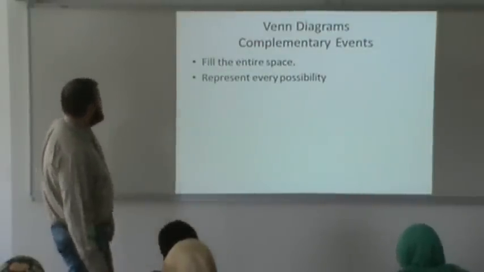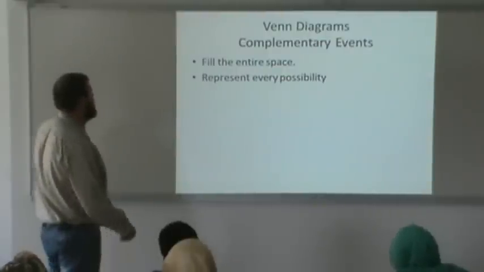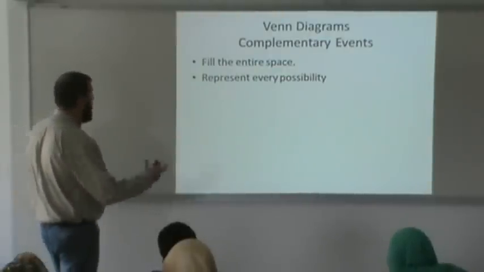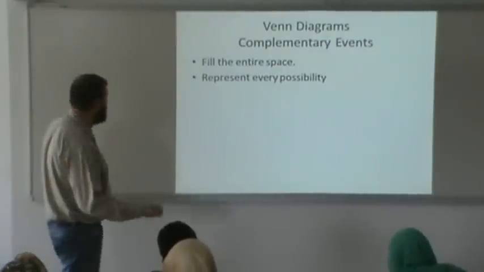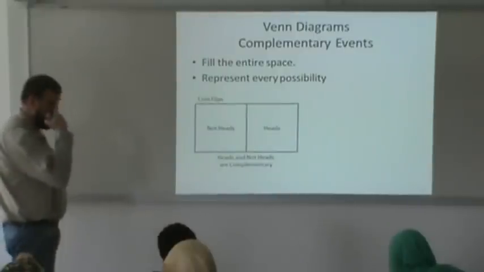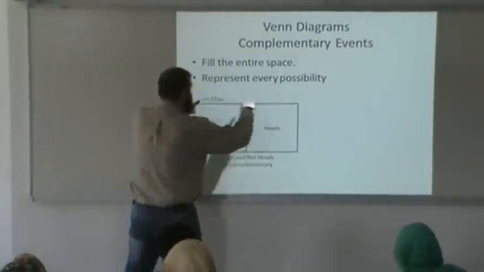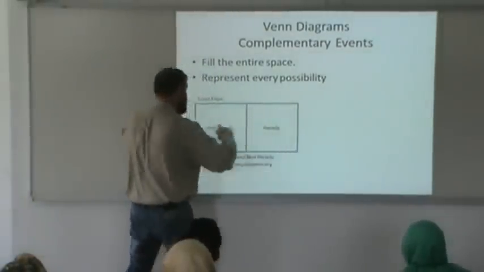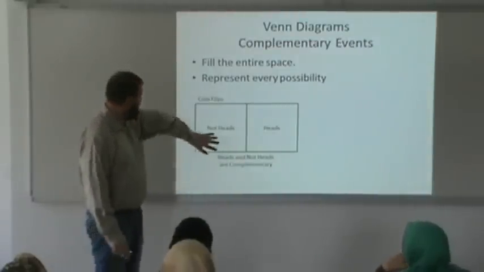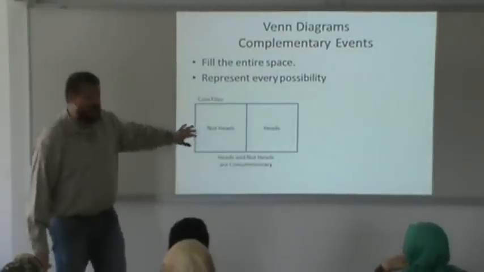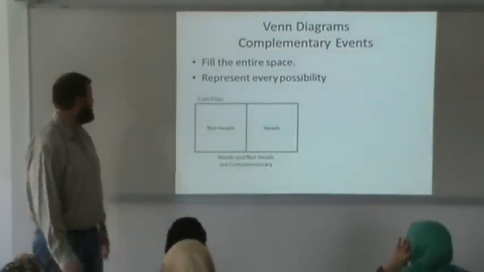All right, so let's do some Venn diagrams to look at complementary events. The complementary events are going to fill the entire space and represent every possibility. So the entire space of coin flips is like this. Half of them are heads, half of them are not heads. These are complementary events.